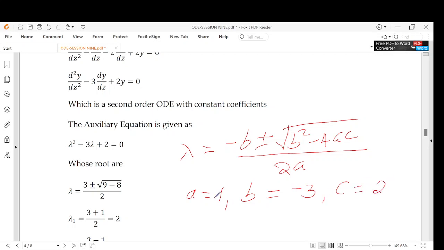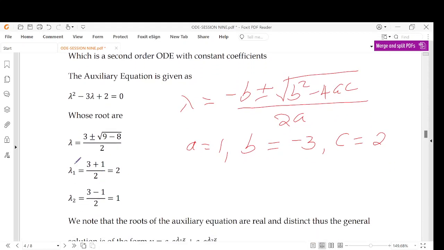By substituting these values, b is minus 3, so minus b is 3, plus or minus b squared, which is 9, then 4 times 1 times 2 is 8. So 9 minus 8 is 1, and the square root of 1 is 1. So we get the 2 roots: lambda 1, which is 3 plus 1 over 2, a value of 2, and lambda 2, which is 3 minus 1 over 2, a value of 1.